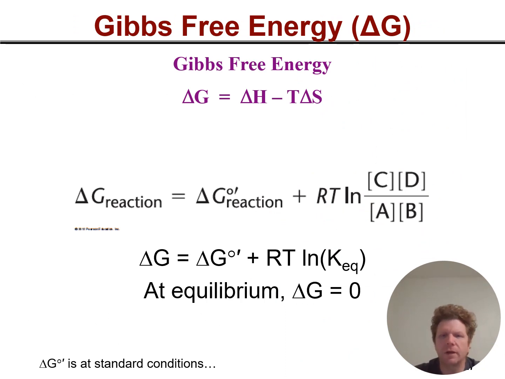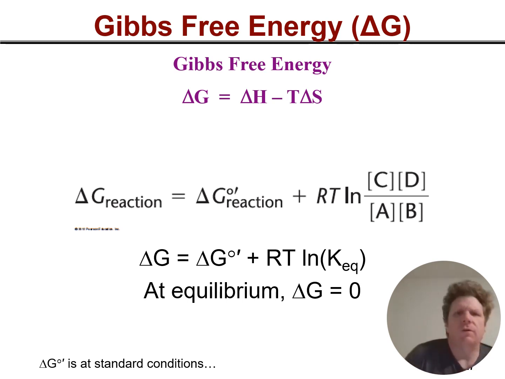Now, Gibbs free energy is something that we're going to talk about quite a bit when we get to enzymes. So the Gibbs free energy equation: delta G equals delta H minus T delta S. When we have a KEQ that is greater than 1 or a KEQ that's less than 1, I think it's helpful to think about what your delta G would be there.